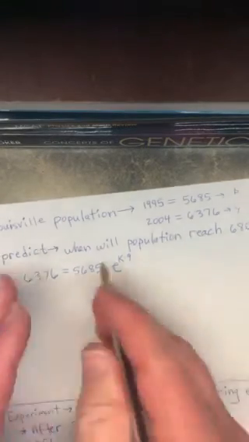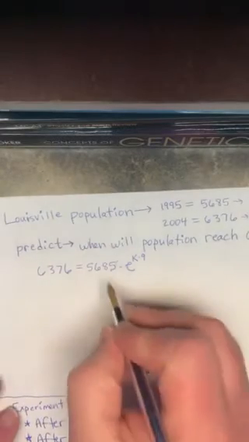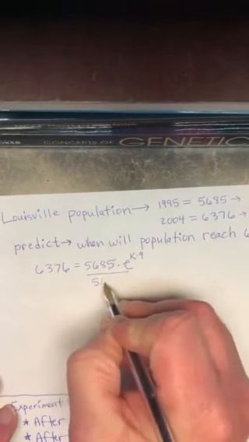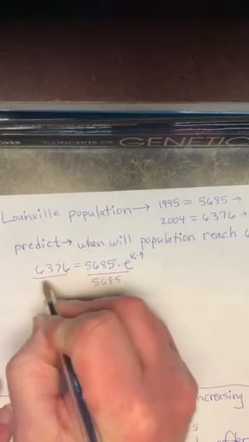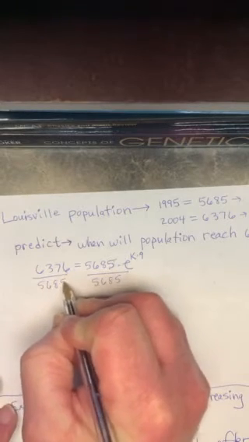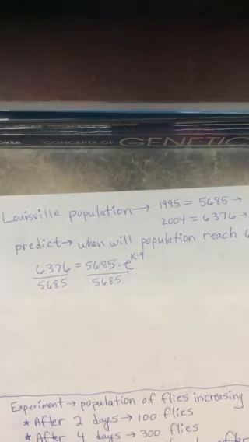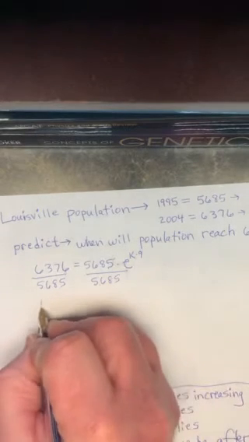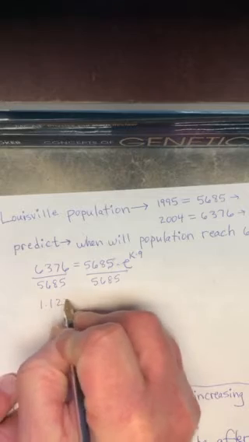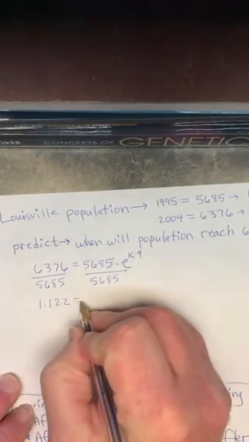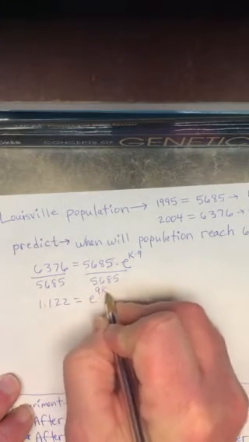So real quick, doing the same thing we did on the front of our paper, I divide by 5685. I'm now pushing 6376 divided by 5685, and I'm getting 1.122 on my calculator. So 1.122 equals e to the 9k.